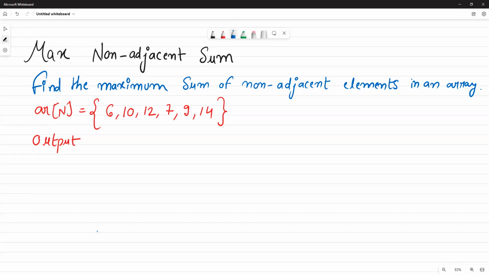Vishnu, do a little more search and find out. It's not the correct answer. We can add 6, 12, 9. But 9 and 14 are adjacent. Kishan, we can't take that.